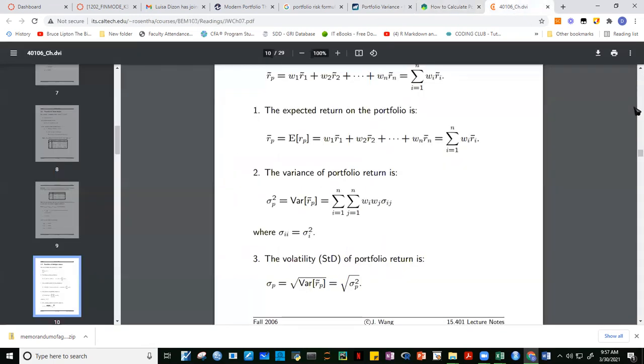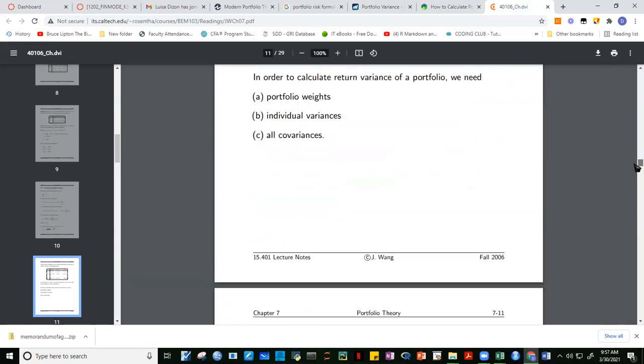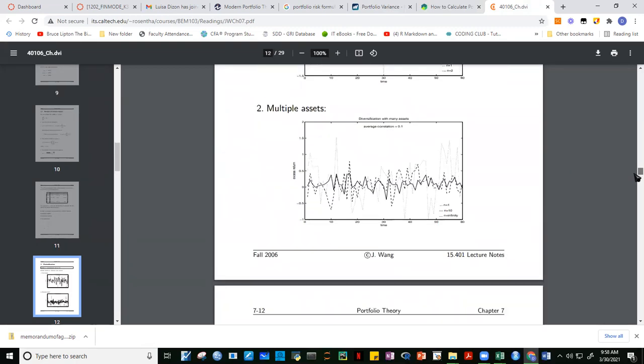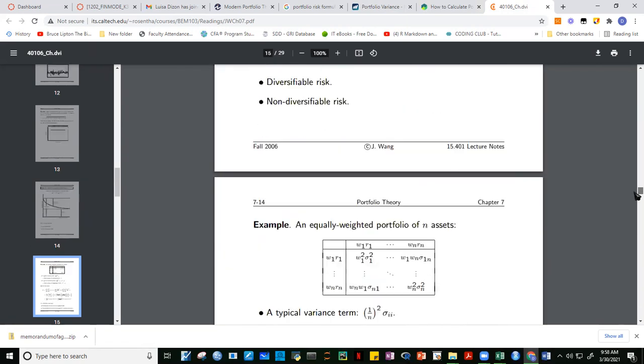Okay, so another one. Ito yung pinapakita ko kanina. Simpleng formula: the variance of a portfolio is just this one, yung double summation, WI, WJ, sigma IJ, yung covariance ng IJ. And dito pinapakita din yung diversification. Alright, so balik tayo sa Excel natin.